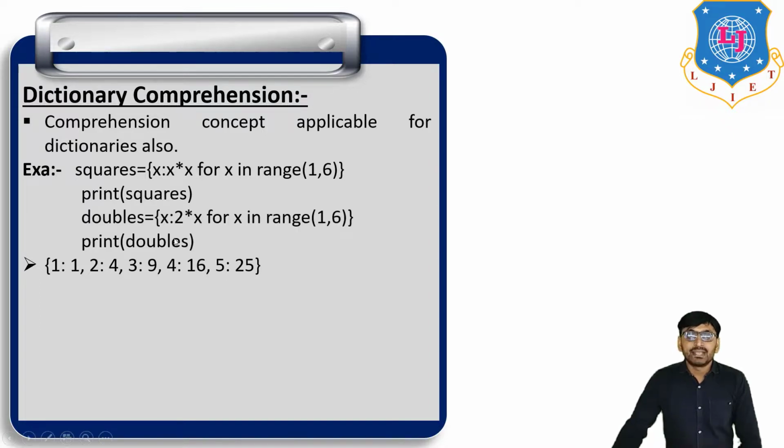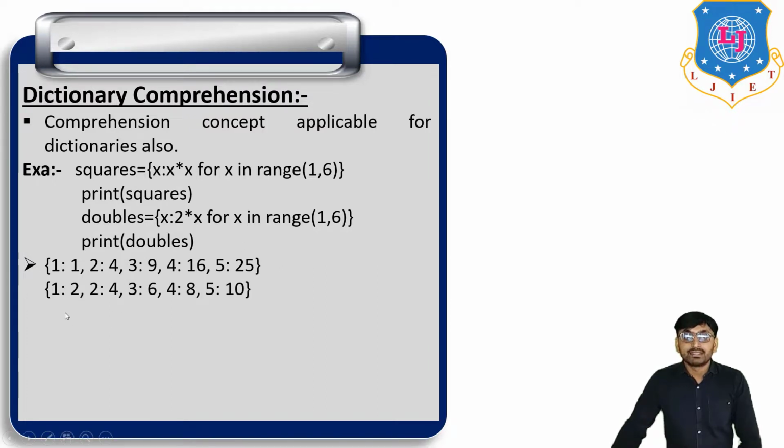Okay. Then a second example, doubles, is one type of dictionary, where the key is x and the value is 2 times x for all x in range 1 to 6. So the key is x and the value is 2 times x.